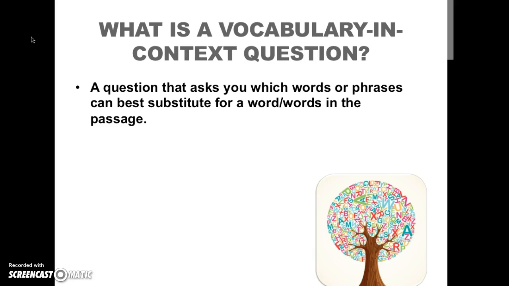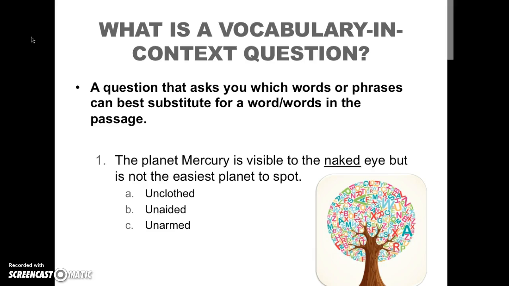What is a vocabulary in context question? It is a question that asks you which words or phrases can best substitute for a word or words in the passage. For example, the planet Mercury is visible to the naked eye, but is not the easiest planet to spot. What does naked mean?